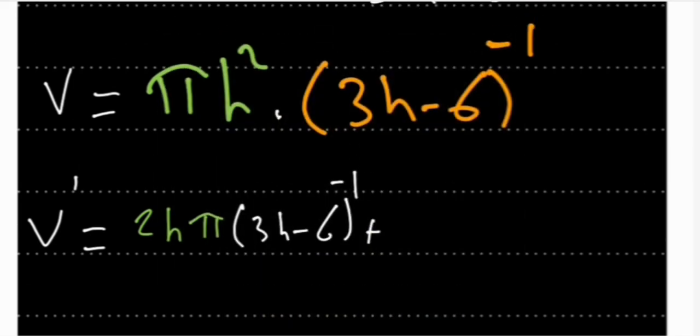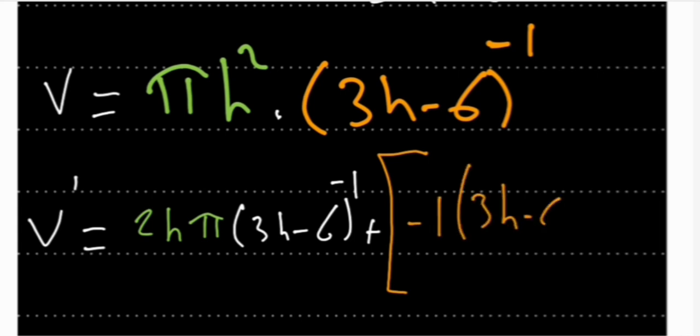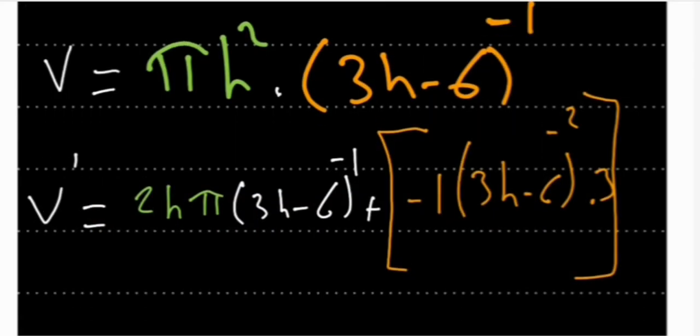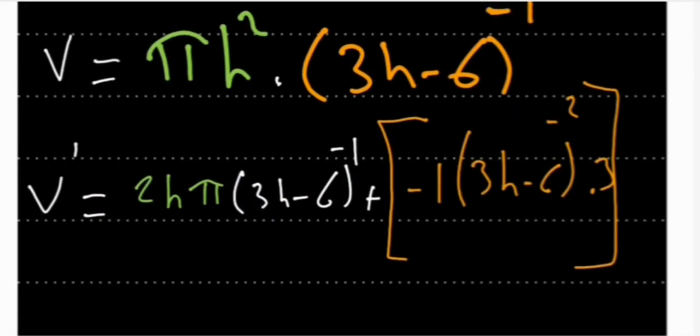So we will have minus 1 multiplied by 3h minus 6 to the minus 2 multiplied by 3, okay, and don't forget the part that is not a derivative, the part that is multiplying, ph squared, right?